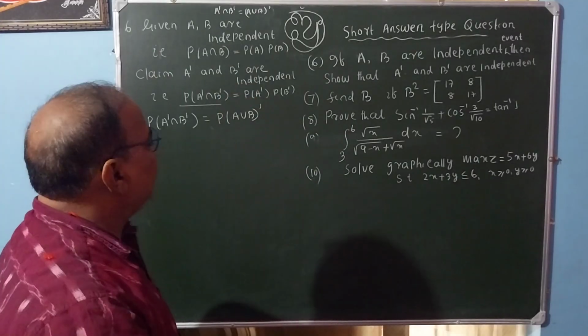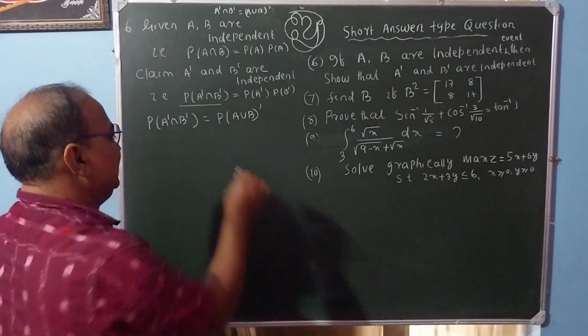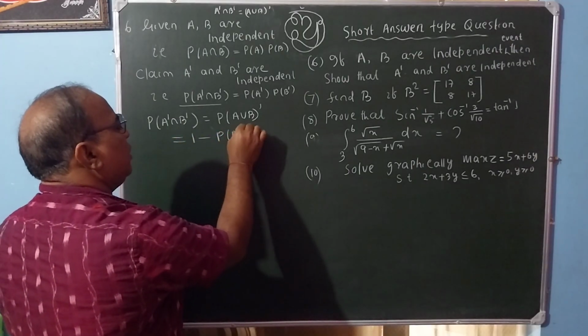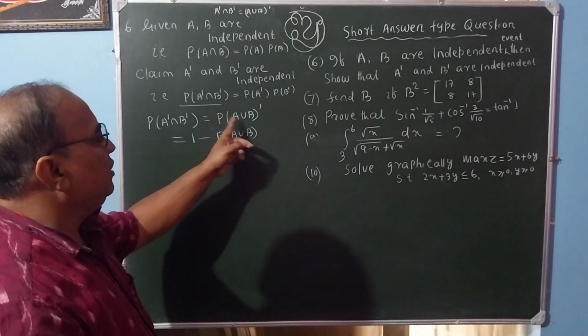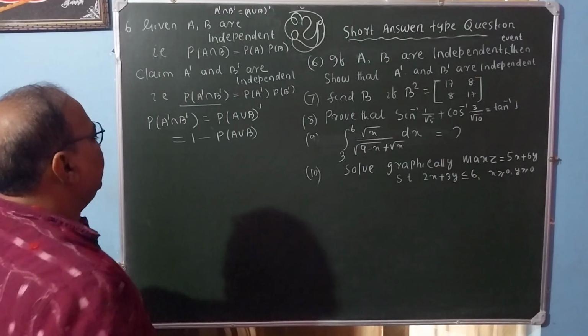This is the De Morgan's law. Now, probability of A union B whole dash is equal to 1 minus probability of A union B, by definition.